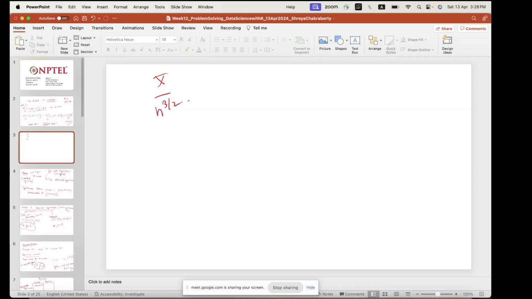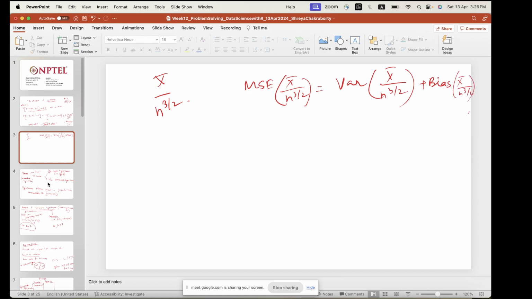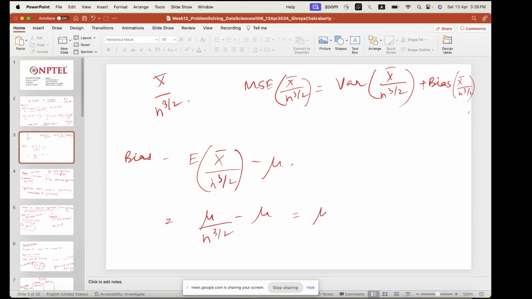The MSE of x bar by n to the power 3 by 2 is the variance of x bar by n to the power 3 by 2 plus the bias square. Bias is the expectation of x bar by n to the power 3 by 2 minus mu. So this is mu by n to the power 3 by 2 minus mu, which is mu times (1 by n to the power 3 by 2 minus 1).